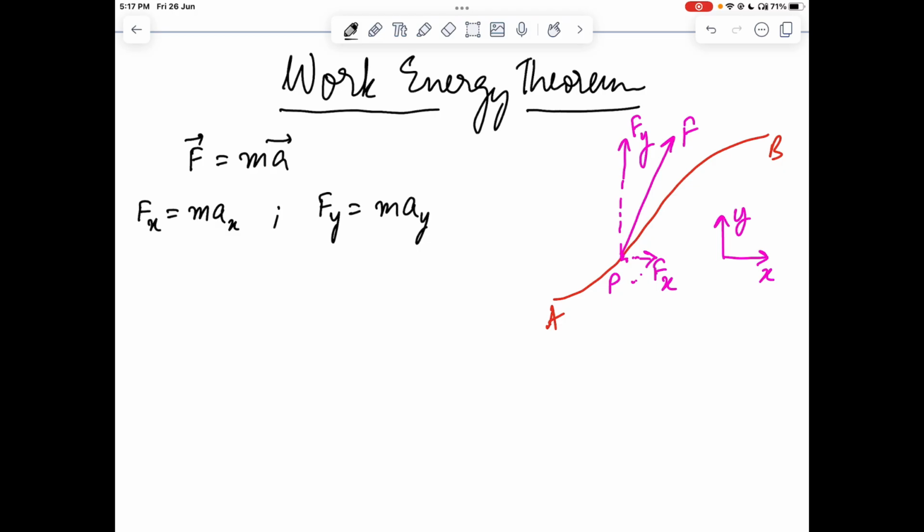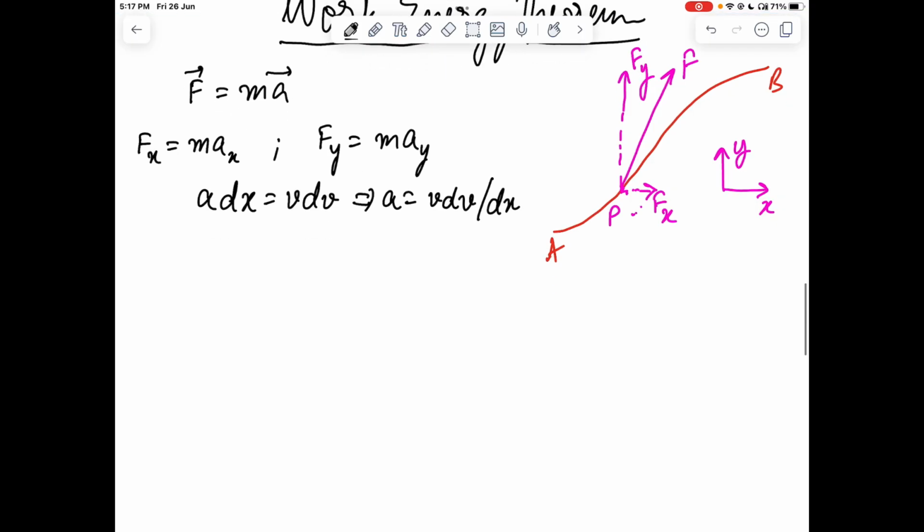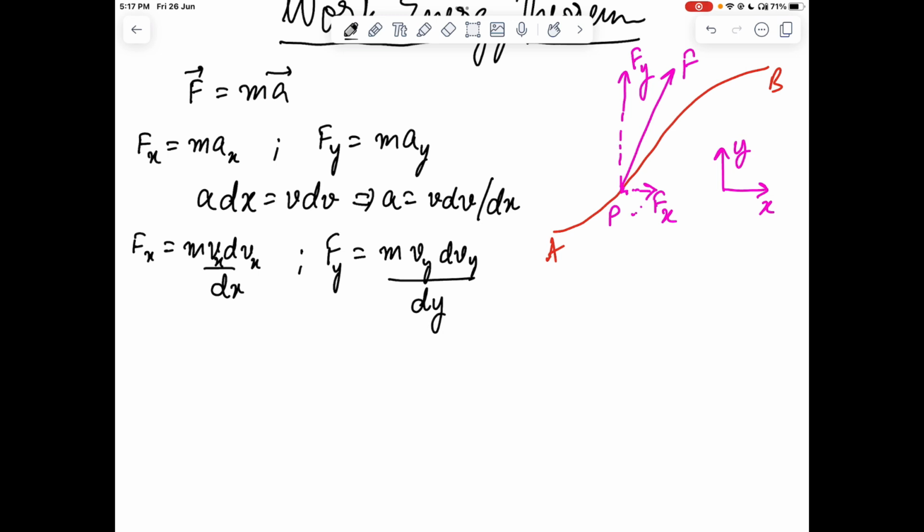Now we know from kinematics that a dx is equal to v dv, right? Therefore, a is equal to v dv by dx. So we can then say we have Fx is equal to m v dv by dx, because this is vx. Similarly, we have Fy is equal to m vy dvy by dy.